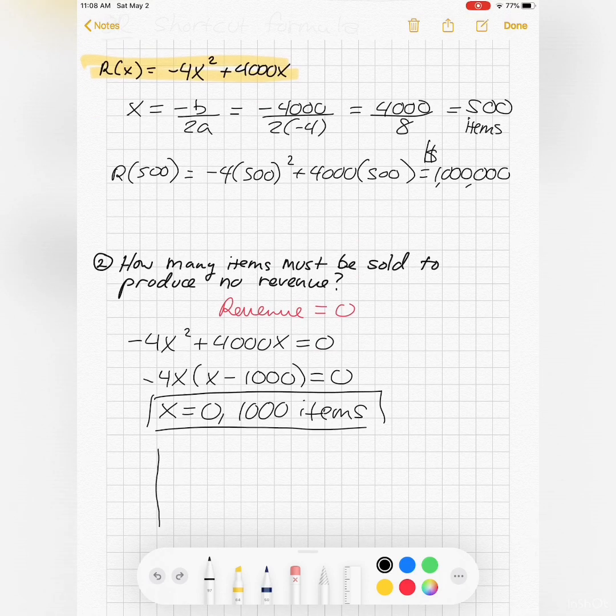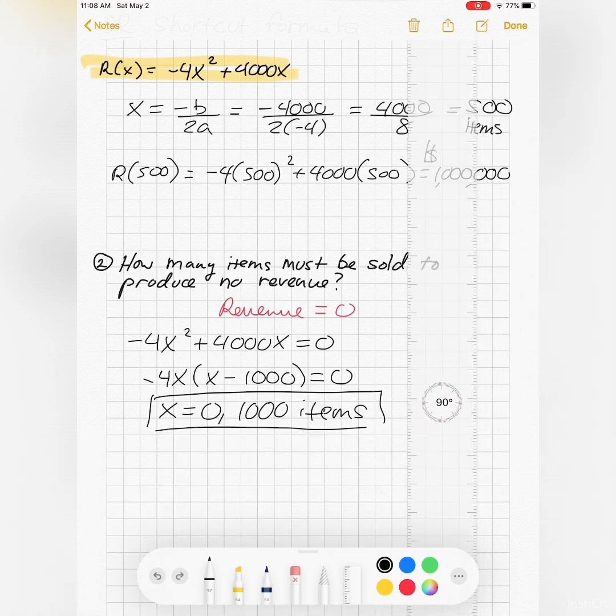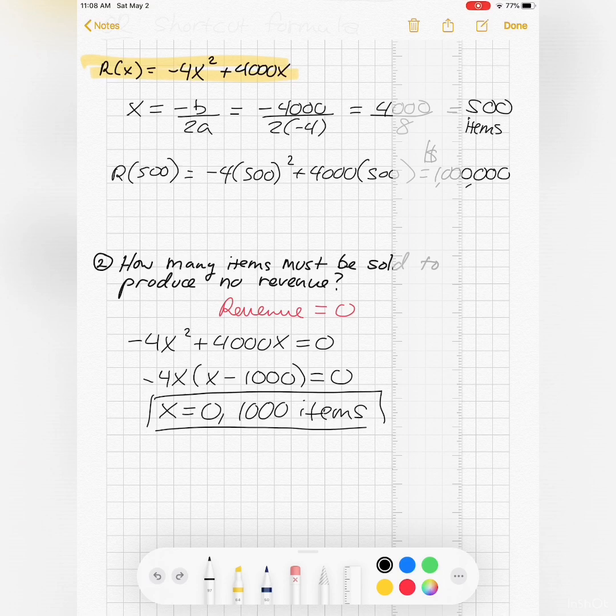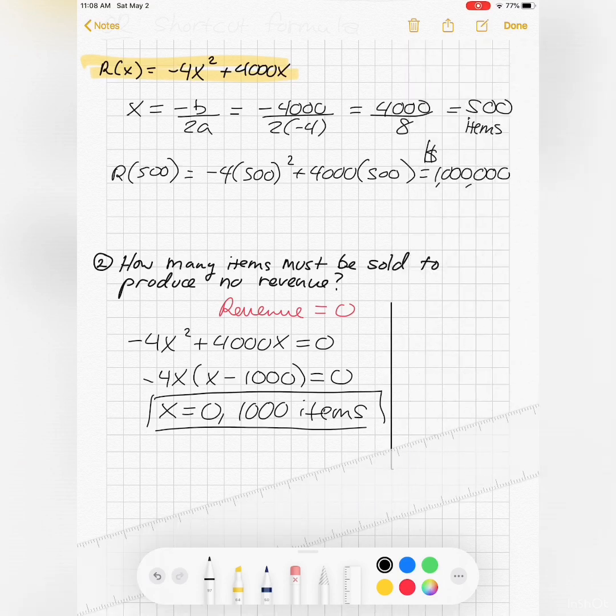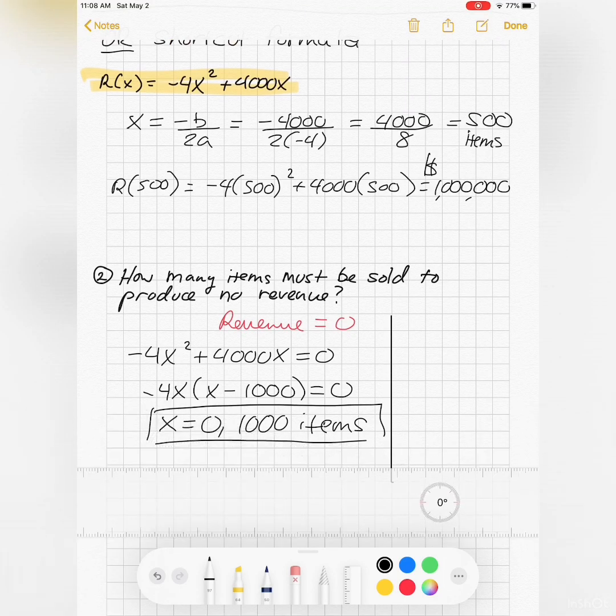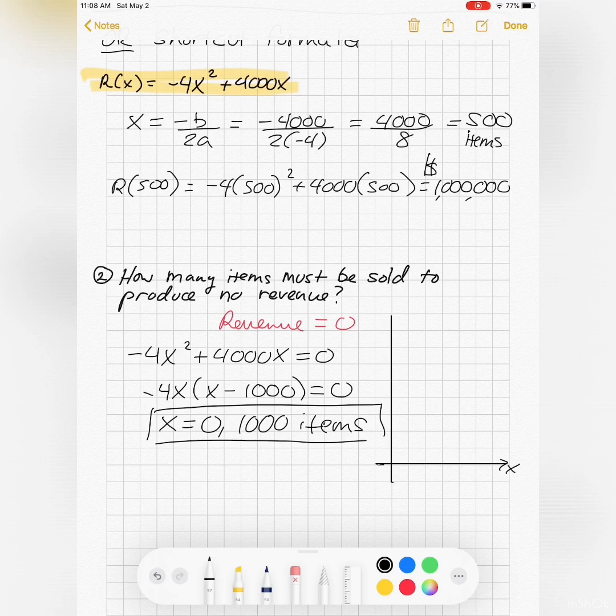Well, that kind of makes sense because I could think of even another way to determine that. Just look for a second. What would happen if I went to graph R of x? Look at the function for a second. If I plug 0 in here, I get 0, right? So the y-intercept is 0.